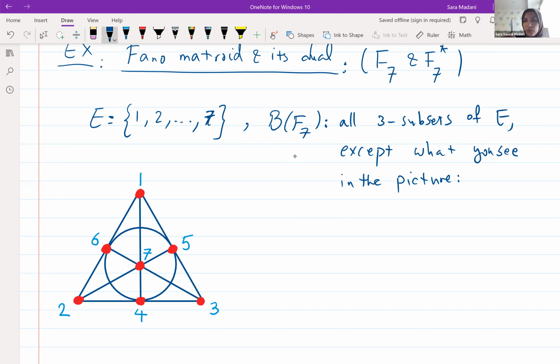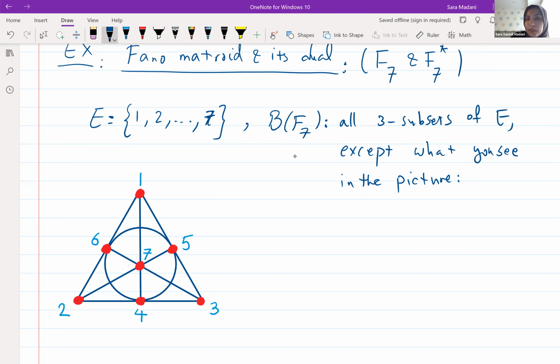By picture, I mean 1, 6, 2. This is not a basis. 1, 5, 3, 2, 4, 3, 1, 7, 4, 4, 6, 5. So you see 4 lines and 1 curve inside. These 3-subsets are excluded, but the rest are bases of my Fano matroid.